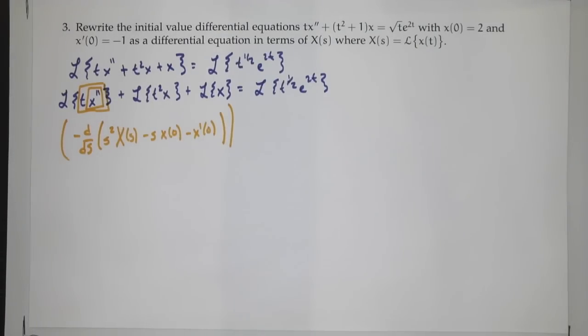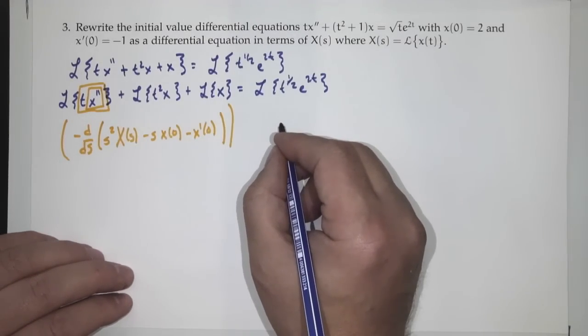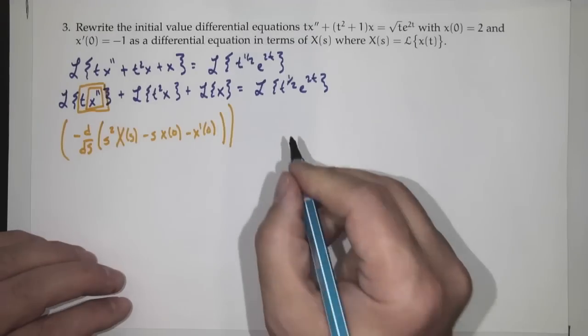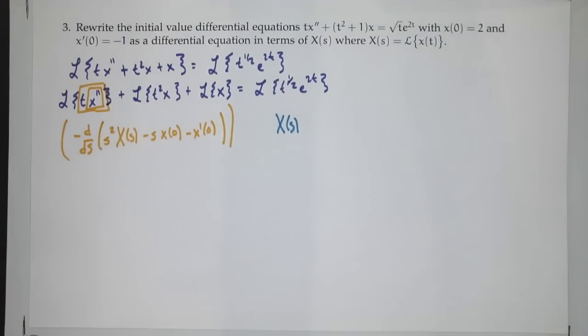Now we come to our next piece. T squared x. Well, look, we know how to take the Laplace transform of x. It's just x. That's all it is. But what does the t squared tell us to do?